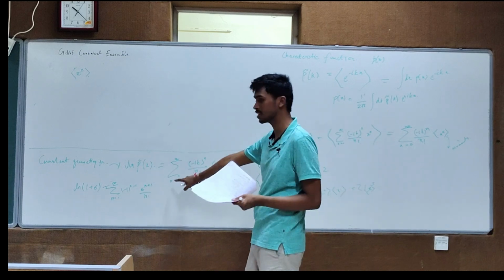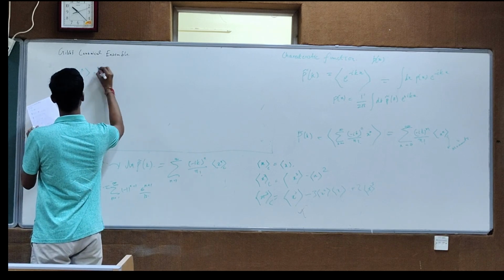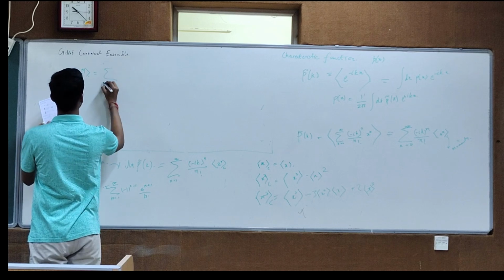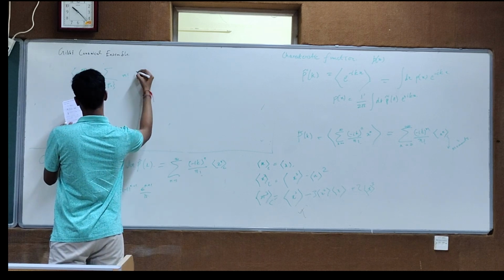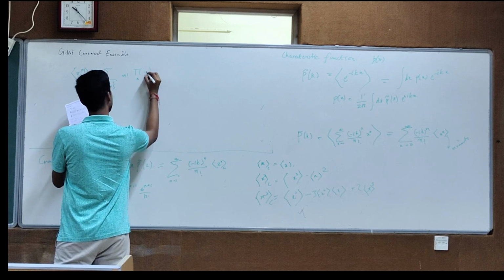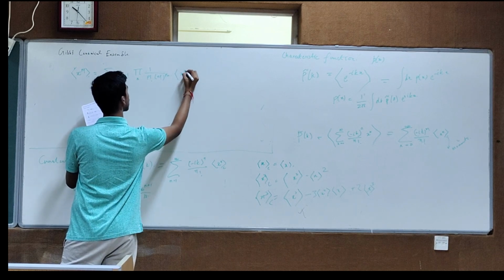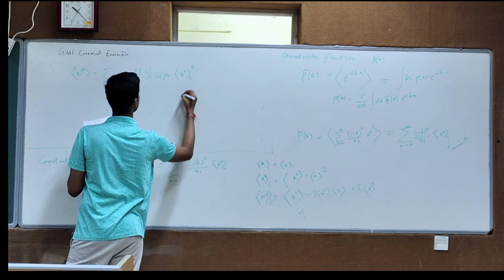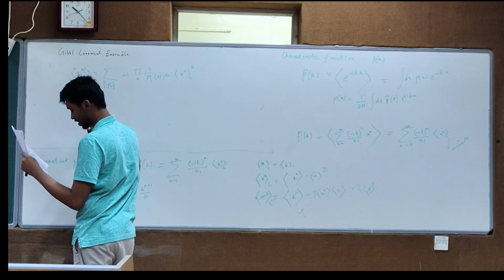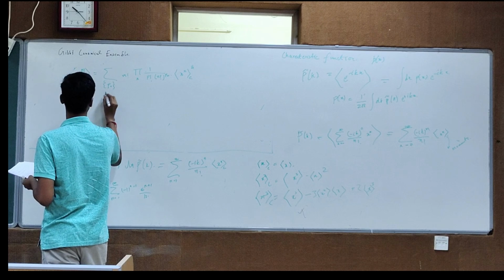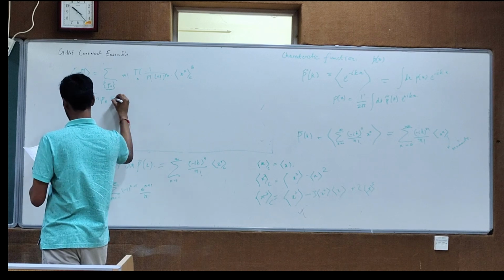Once you put this thing in the sum, you will get this relation: the mth moment comes out to be this. These p_n's are such that the sum over n of n p_n is equal to m.